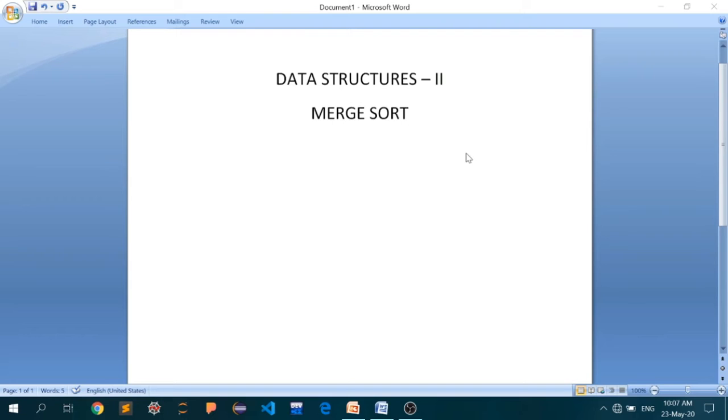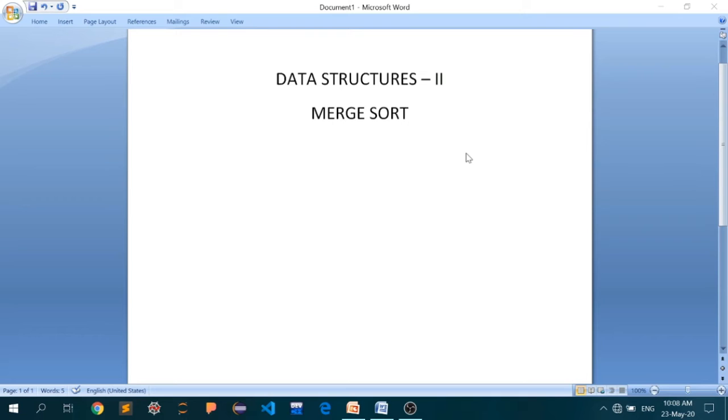Now this algorithm called merge sort has a time complexity of n log n, and it is one of the most respected algorithms. The basic idea is that merge sort first divides the array which is to be sorted into equal halves and then combines them in a sorted manner.